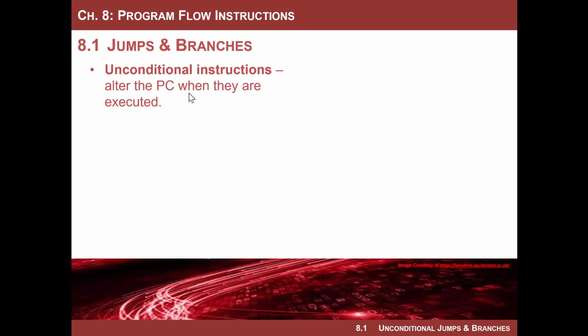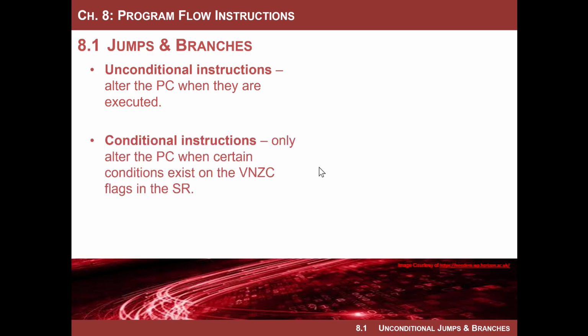It's simply going to alter the program counter no matter what. The classic example of that is our main jump main. So we get in an infinite loop and we will execute forever. Infinite loops sound bad, except when you try to make a program execute forever. You need a way to continually execute. So unconditional jumps and branches, they're just going to alter the program counter.